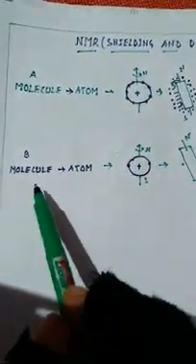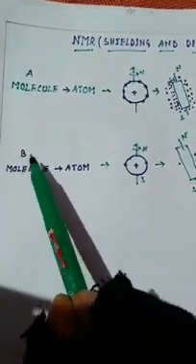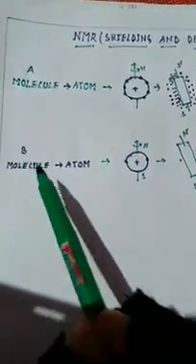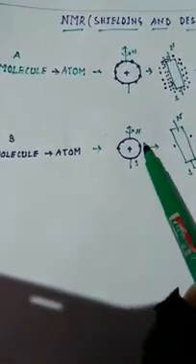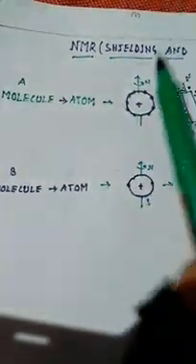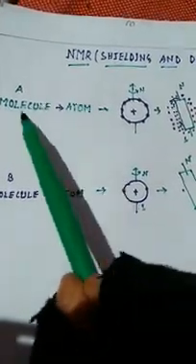Likewise, this is another molecule, let us consider this is B, and this molecule also has atoms, and these atoms also have a nucleus. So I am repeating again, these are the two molecules A and B, and there are different atoms.